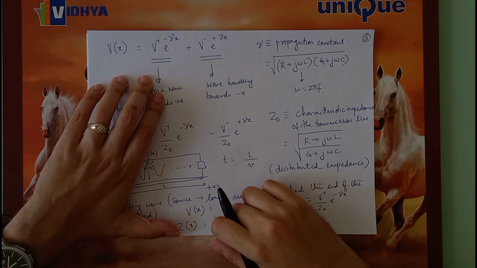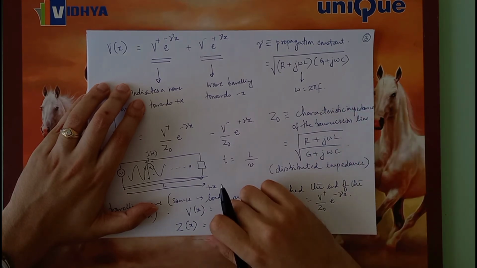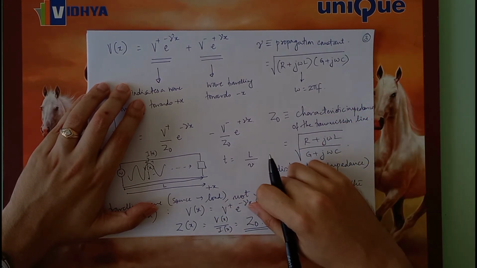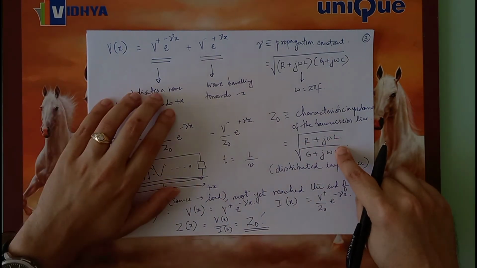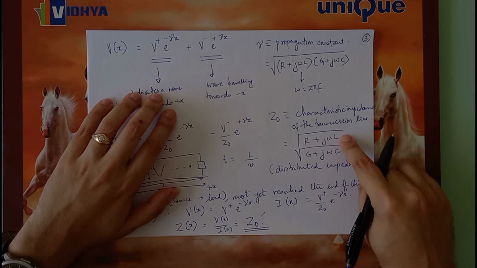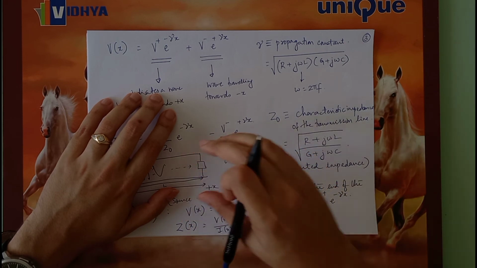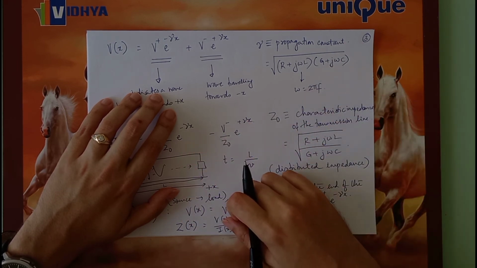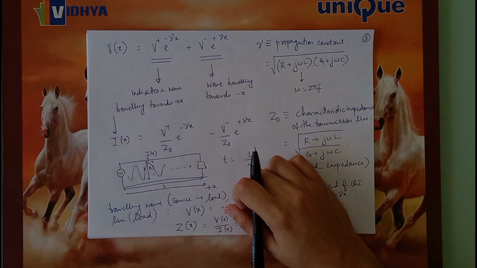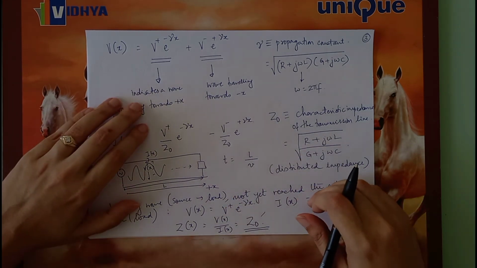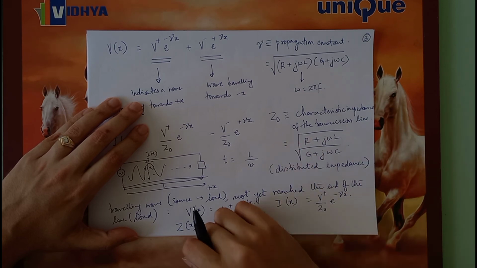No, that is not how it is. Z0 is a distributed impedance that exists at every point on the line. But it is not a physical impedance that you can see with your eye, because it is a function of R, L, G and C, which are per unit length characteristics of the transmission line that exist along the line at all points, because there are infinite number of those delta X sections that make up the whole line. So this is how we define what Z0 is.